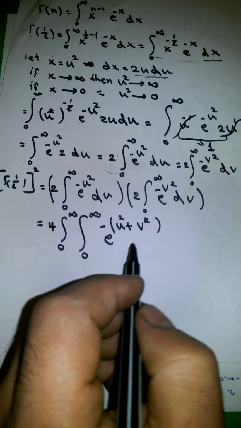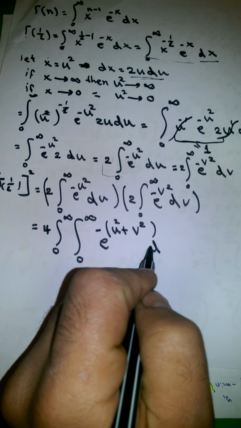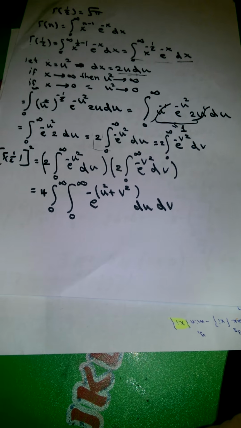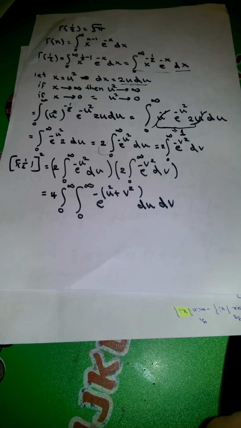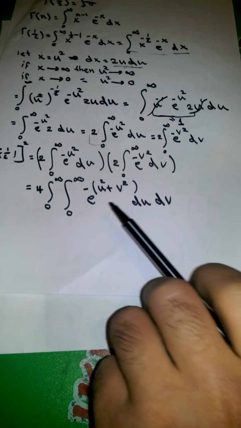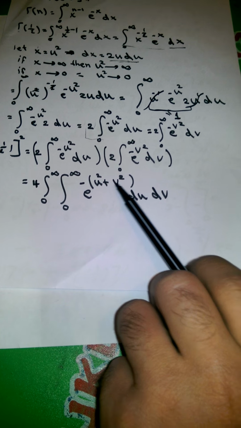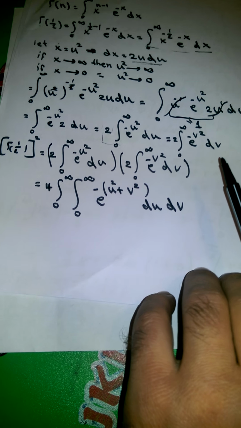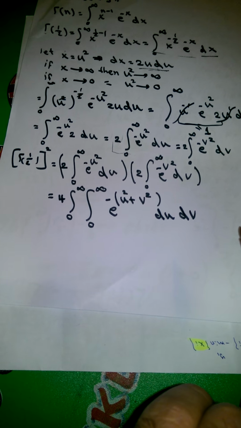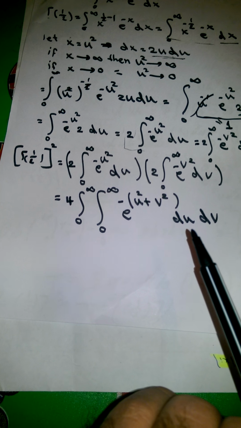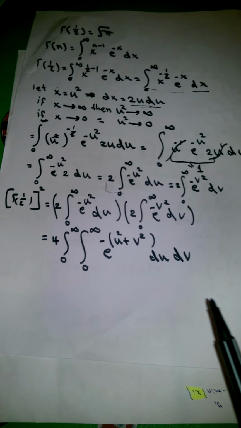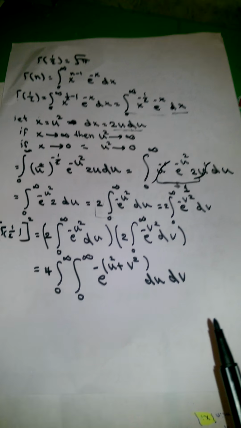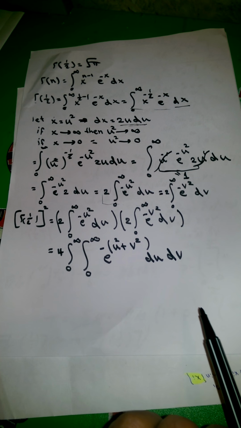We can take it out, and the first one is du and the second one is dv. Now it has the double integral shape, and we can't solve this integral in Cartesian.